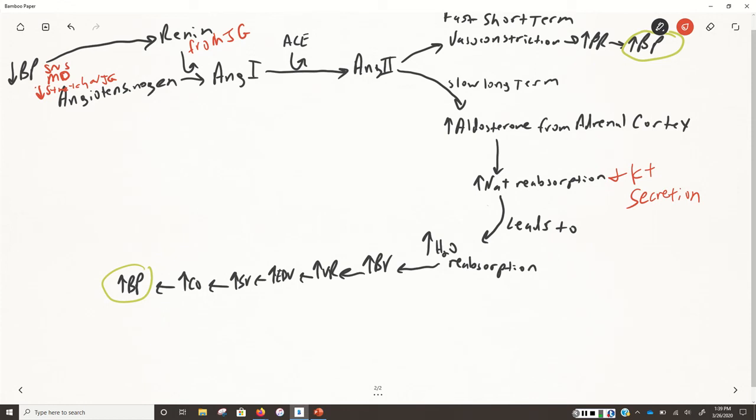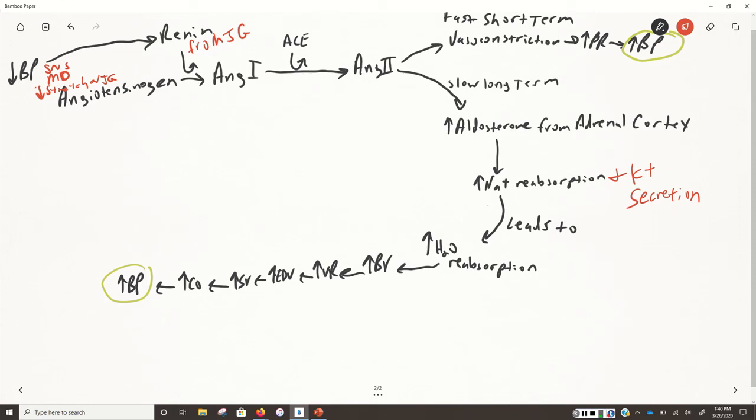What's something that moves sodium and potassium in opposite directions? Remember in Bio 137, the sodium-potassium pump? Well, the way aldosterone works is it tells the cells in your DCT and collecting duct to make sodium-potassium pumps. So we get sodium moving one way, potassium moving the other.